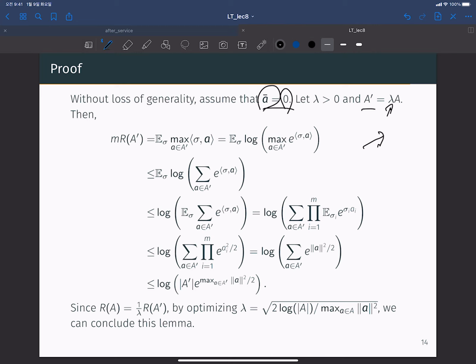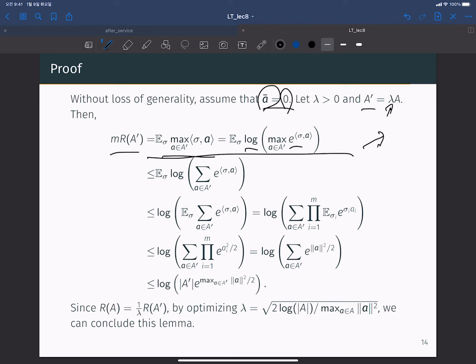So from this fact, let's study the Rademacher complexity of A prime. Then from the Rademacher complexity of A prime, we can easily understand the Rademacher complexity of the original A. Okay, and these two equalities just come from the definition of Rademacher complexity and a simple trick.